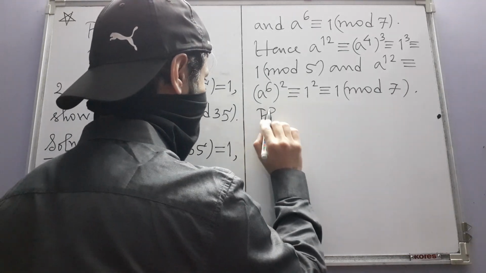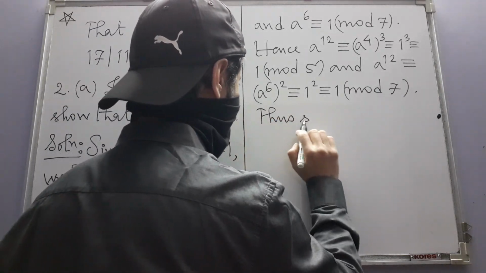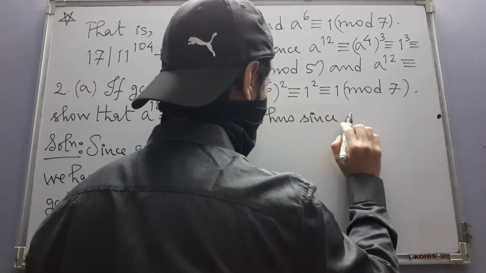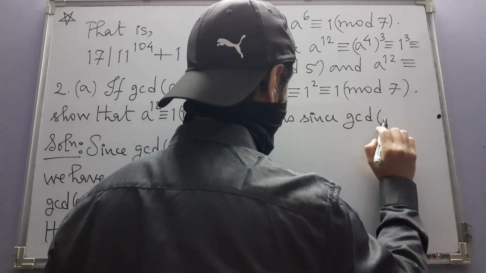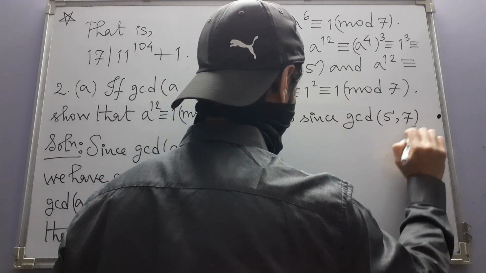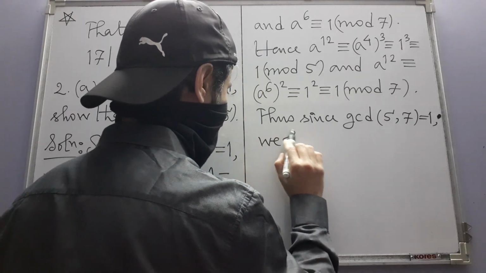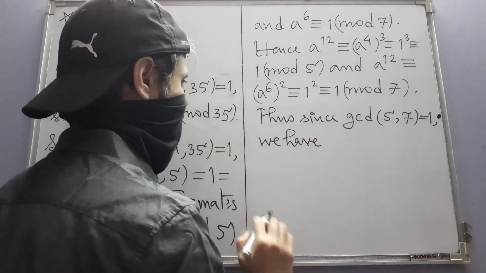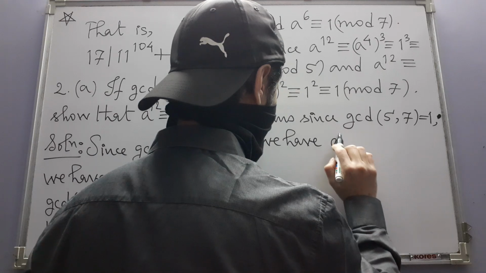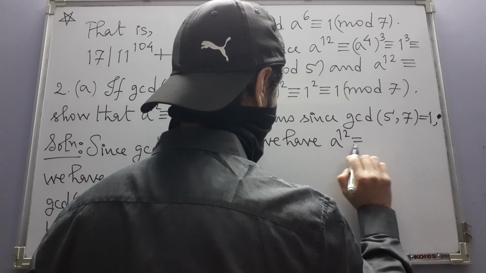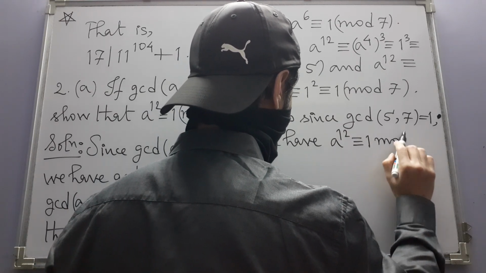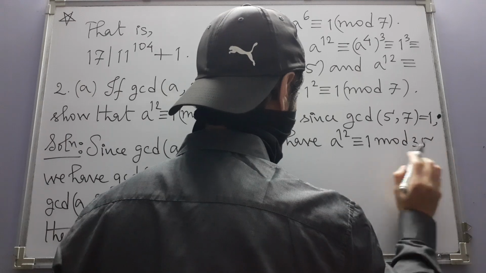Thus, since 5 and 7 are relatively prime, we have a to the power 12 congruent to 1 modulo 35.